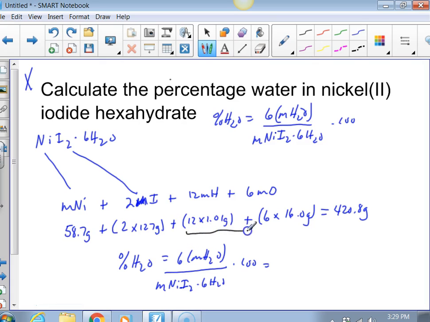So from here to here, this is hydrogen, this is oxygen. So that's 12 times, it's going to come to a total of 108. So that's equal to 108 grams divided by 420 grams times 100.